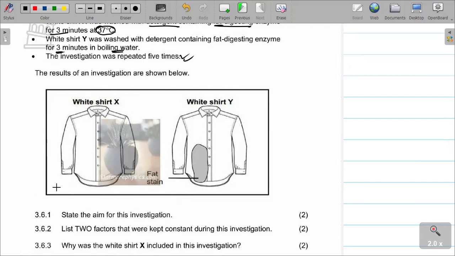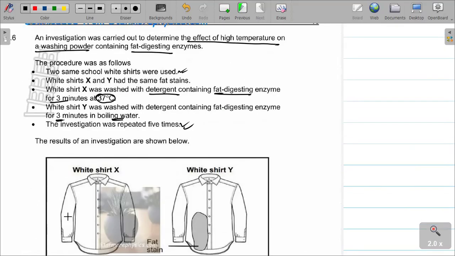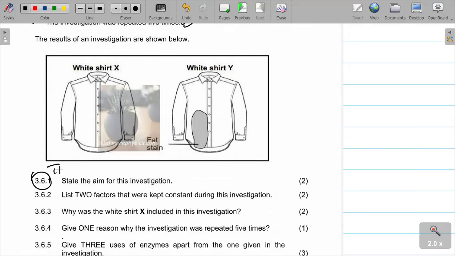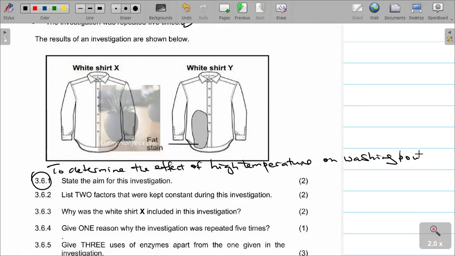So the question is saying, state the aim of the investigation. You see, this is just stated: it was carried out to determine the effect of high temperature on washing powder containing fat digesting enzymes.